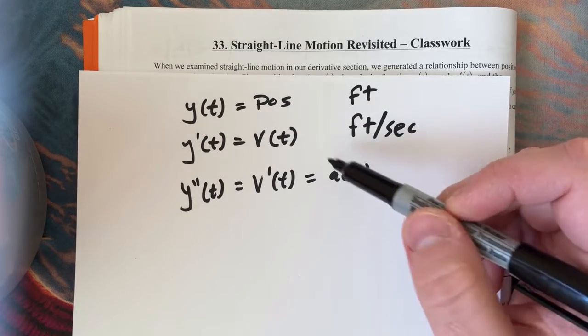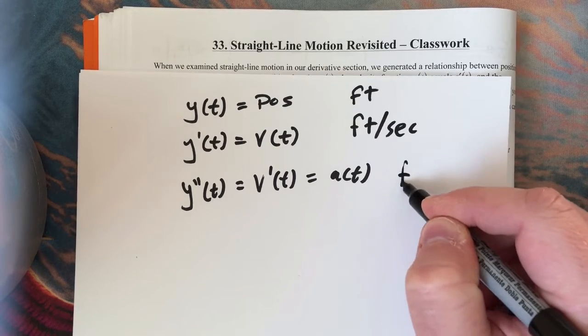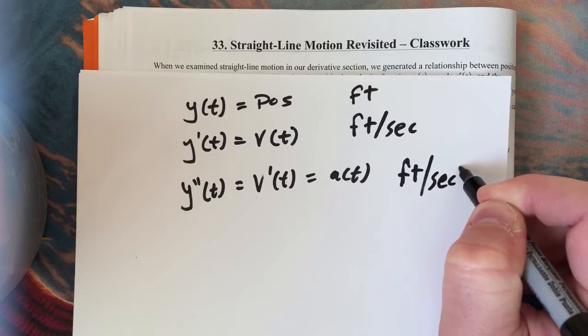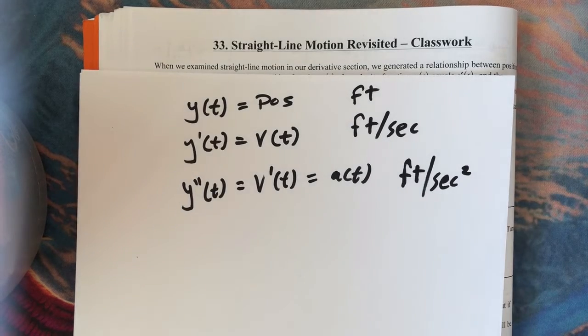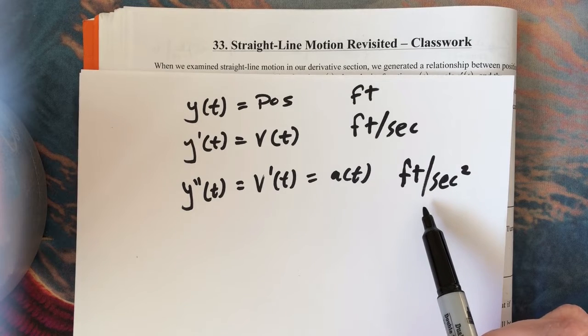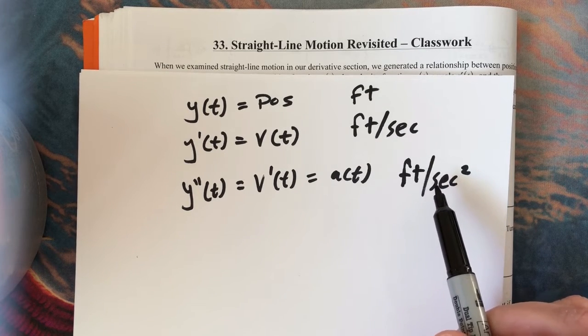The reason acceleration is feet per second squared is it's feet per second as it changes per second. So it's feet per second per second.